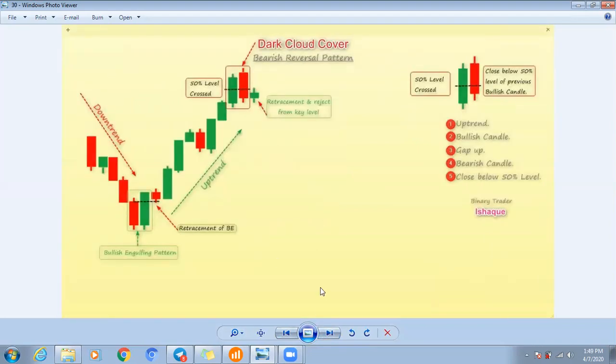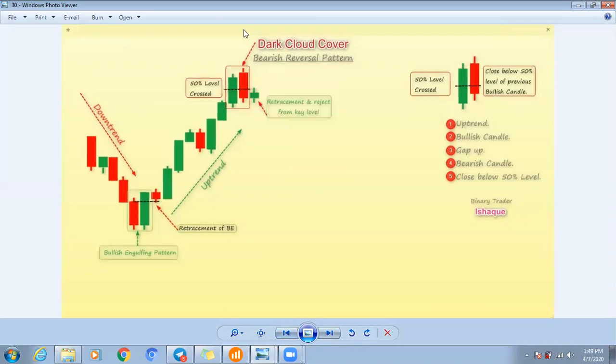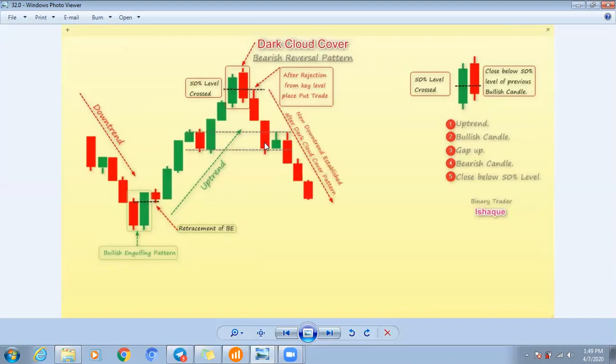So here there are two scenarios for trading the dark cloud cover, in this way and also in the previous way. If you find this candlestick, you can also place a put trade after this candlestick. Okay, next candlestick. Here the candlestick stops because of this key level.